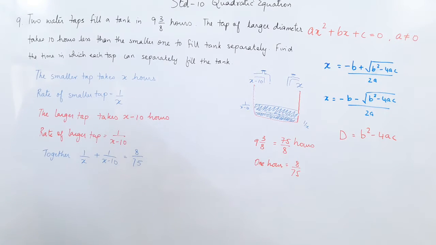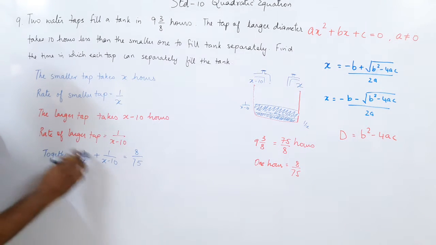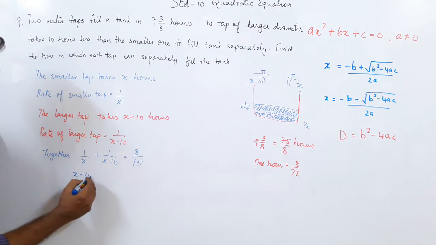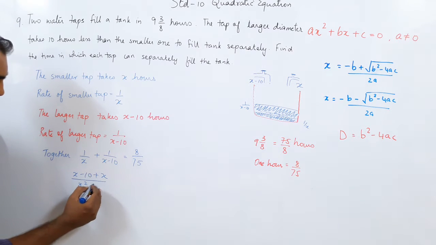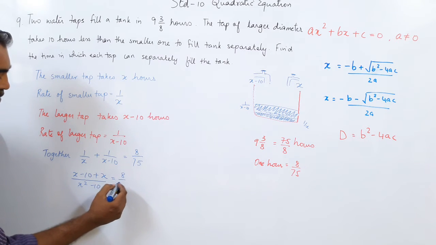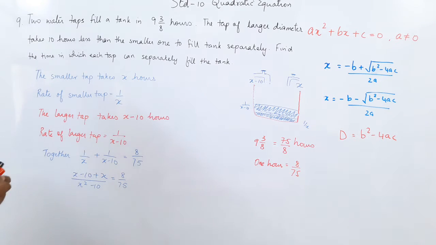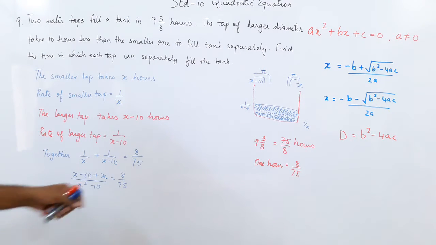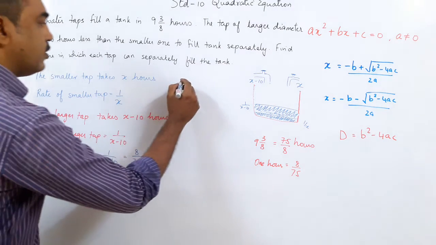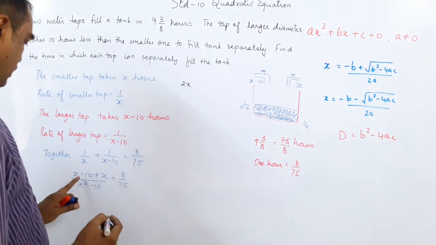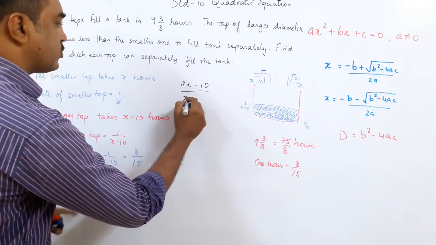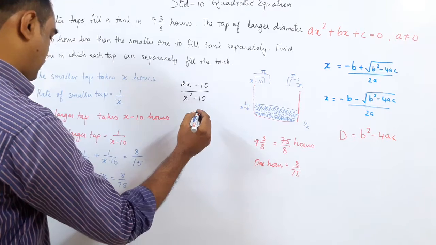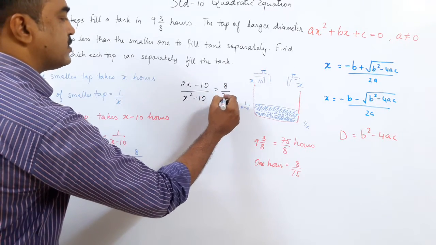So now we take the LCM. So we get x minus 10 plus x upon x into x minus 10, so x into x is x square, minus 10x, equal to 8 upon 75. So what is x plus x? 2x. So we get 2x minus 10 upon x square minus 10x equal to 8 upon 75.